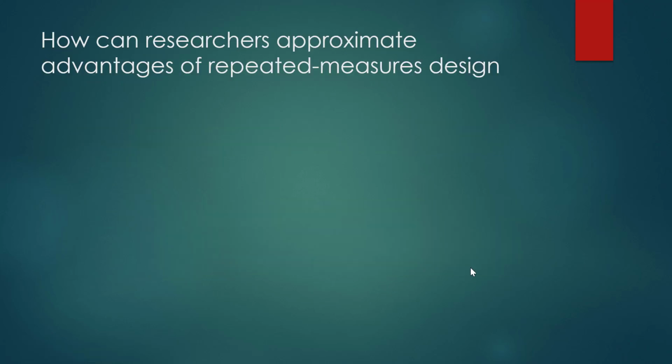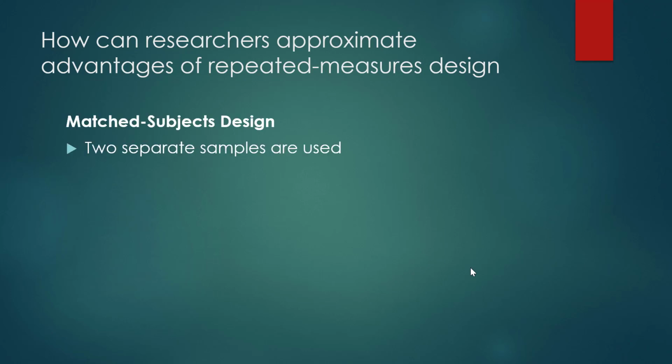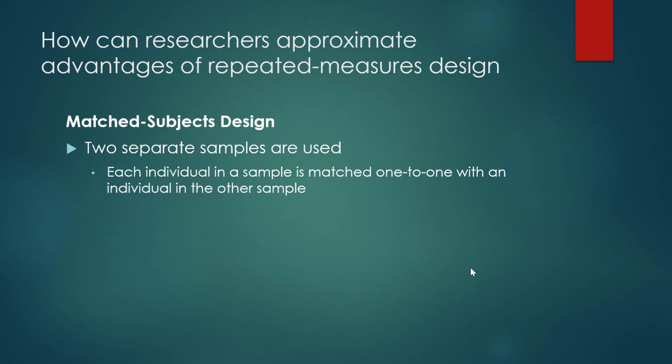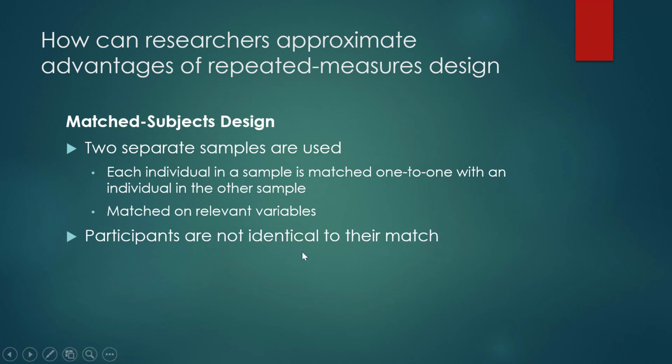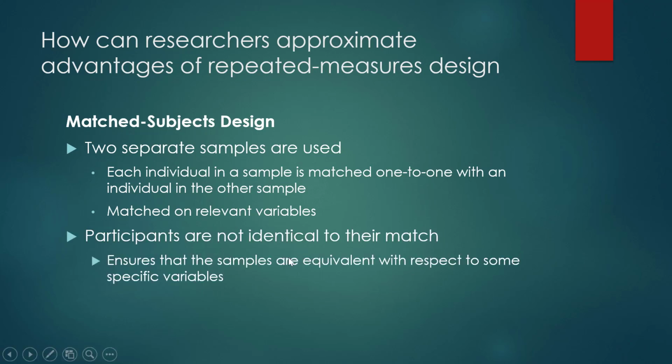So there are ways we can also approximate the advantage of a repeated measures design without some of those disadvantages, the order effects that we might have. It's called a matched subject design, and this is where 2 separate samples are actually used, but each individual in the sample is matched 1-to-1 with an individual in the other sample. And they're matched on some sort of relevant variable. Participants are not necessarily identical to their match, but it ensures that samples are equivalent with respect to some specific variable.